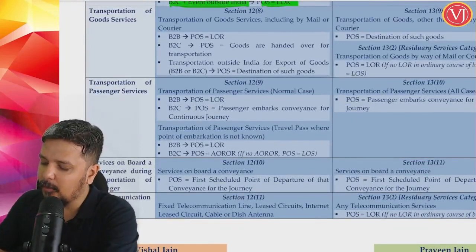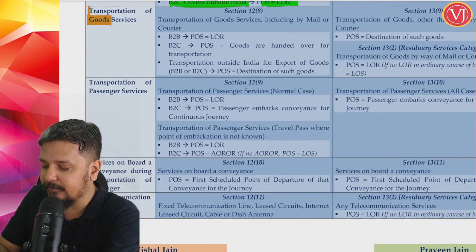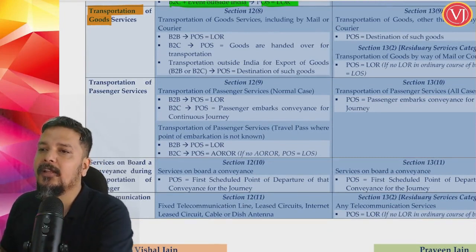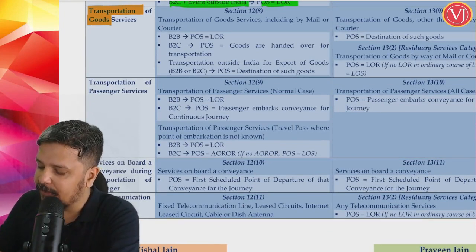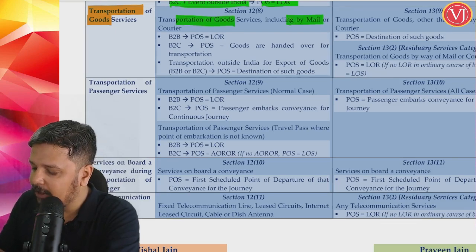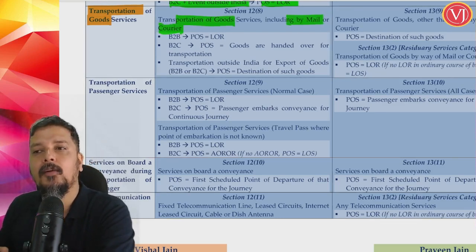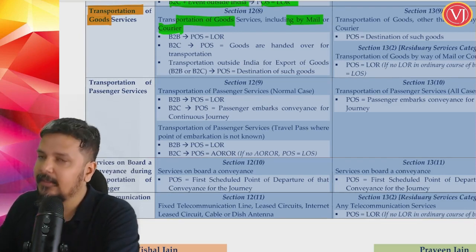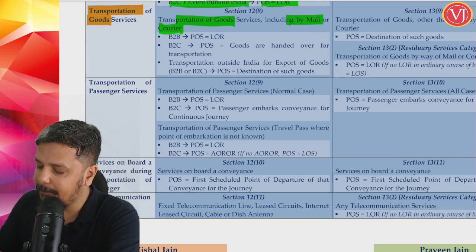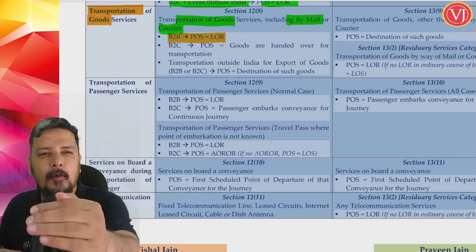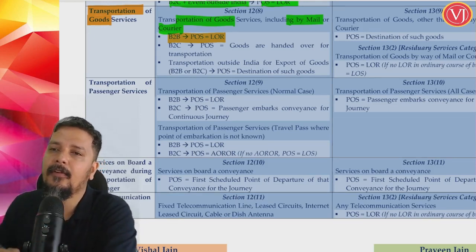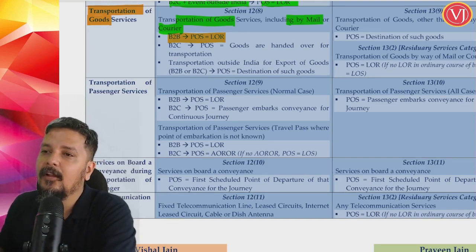Now you are talking about transportation of goods services, where LOS and LOR both are in India. If there is a transportation of goods service, including by way of mail or courier, if it is section 12, the moment they try to bifurcate B2B, B2C: B2B means place of supply is location of recipient.